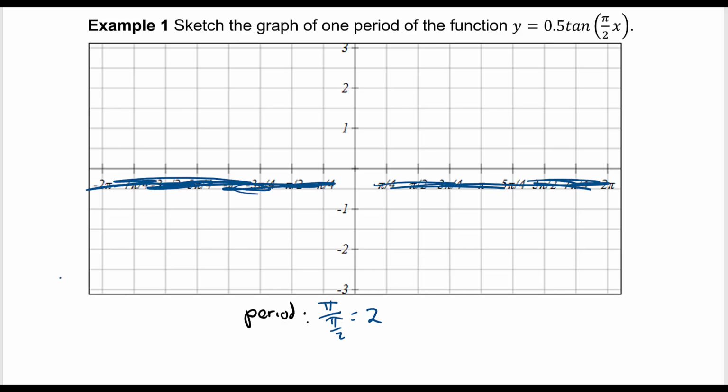I can call this 1, 2, 3, 4, negative 1, negative 2, negative 3, negative 4. And we would have the asymptotes at 1 and negative 1 because this has not been shifted horizontally. By the way, the next asymptotes would be at 3 and negative 3.